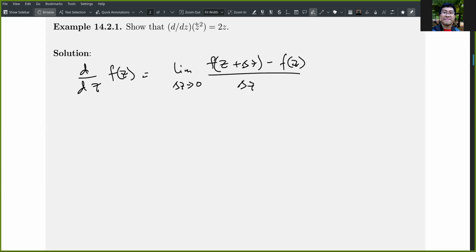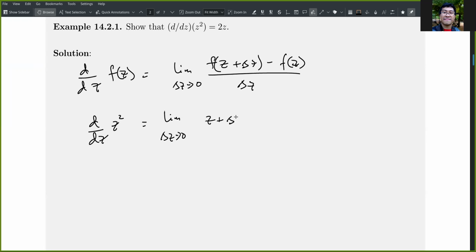So here, d by dz of z squared is the limit as delta z approaches 0 of the function of z, but we change the argument z to z plus delta z. So a z here becomes z plus delta z.